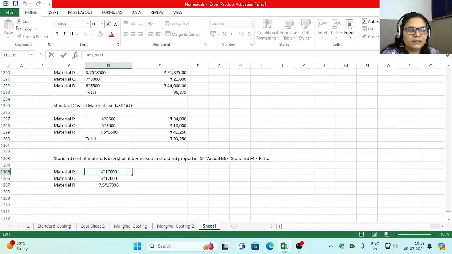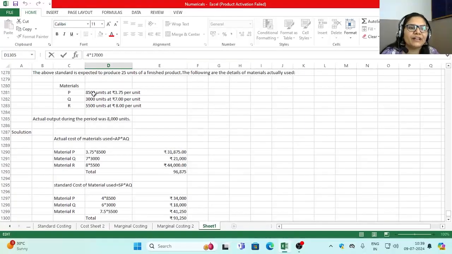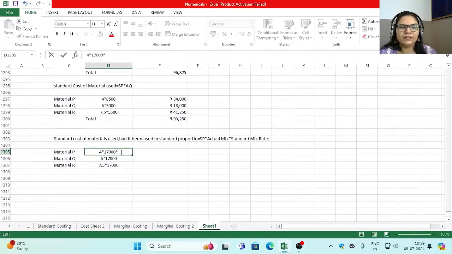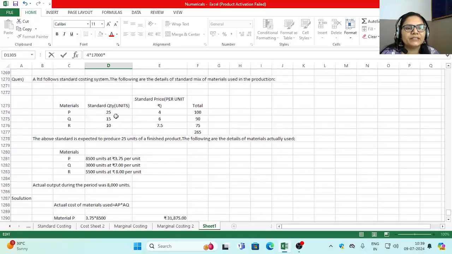Next, now they are talking about standard mix ratio in the formula. You can see SP into actual mix into standard mix ratio. We know standard price we have copied. Actual mix, we know the total of actual quantity, 8500, 3000 and 5500. After that, its standard mix ratio. We know the standard mix is 25, 15 and 10.